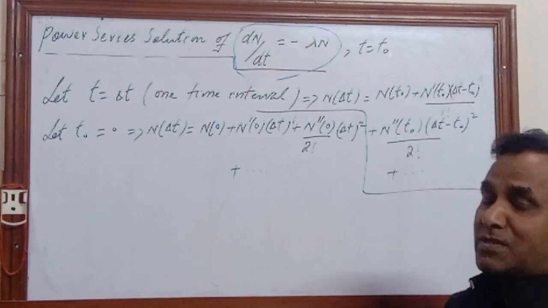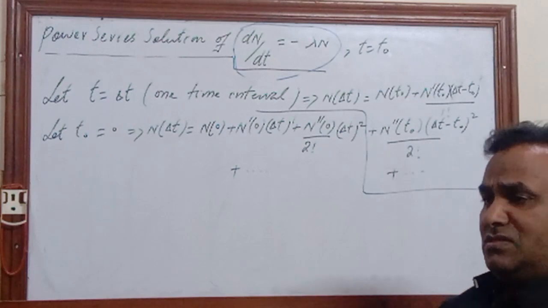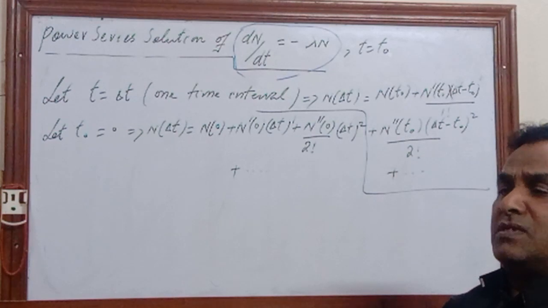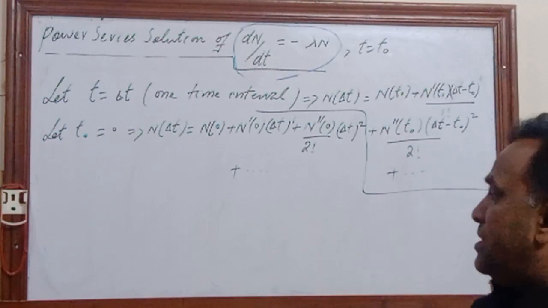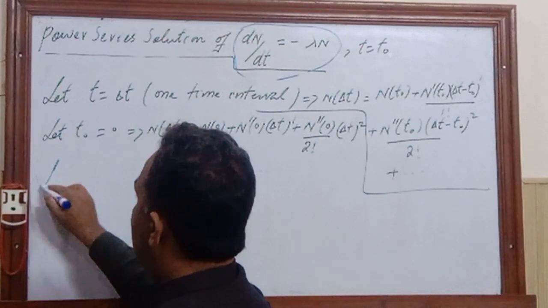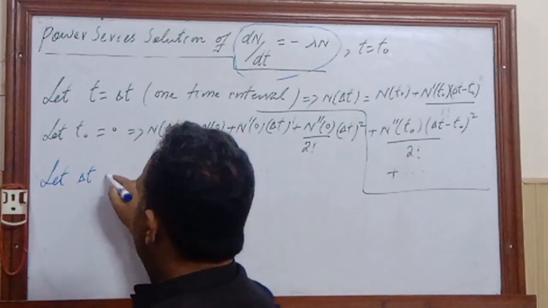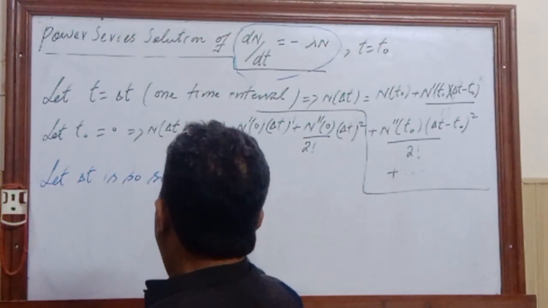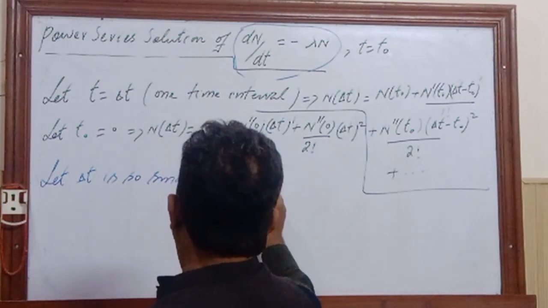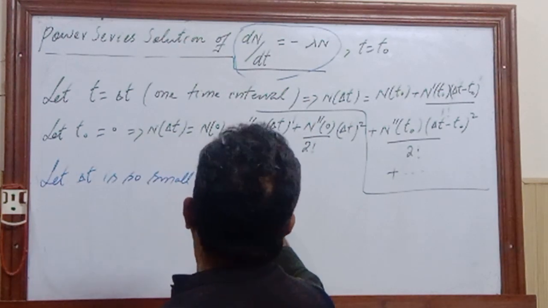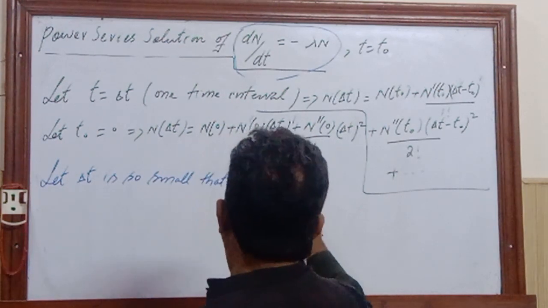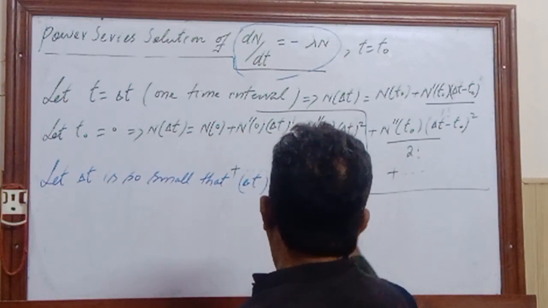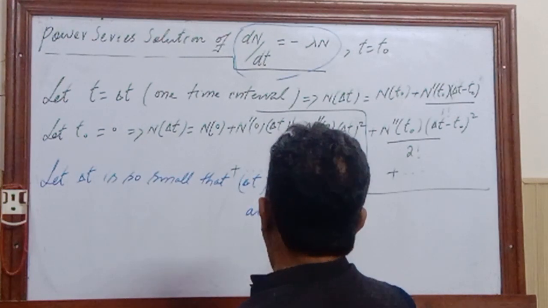Okay, so we will now make an approximation in order to ignore certain terms of this infinite series. We will let delta t be so small that delta t square, delta t cube and so on are negligible.